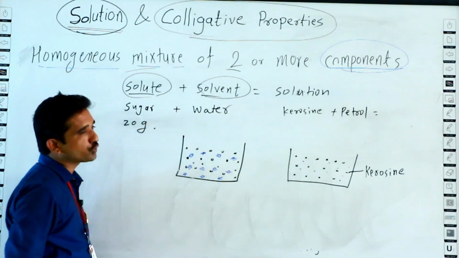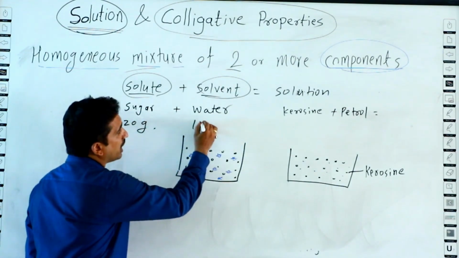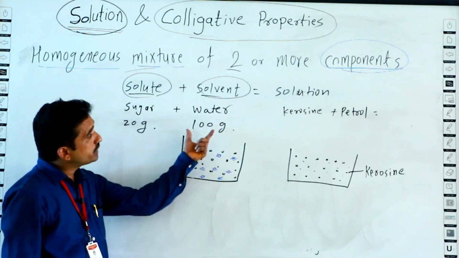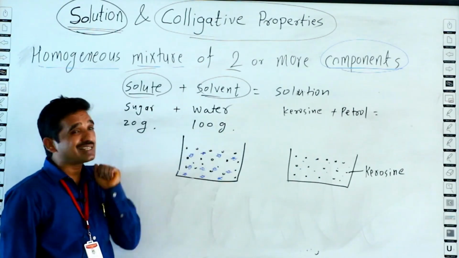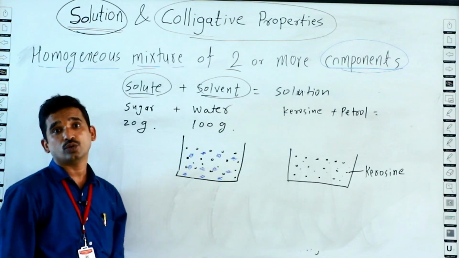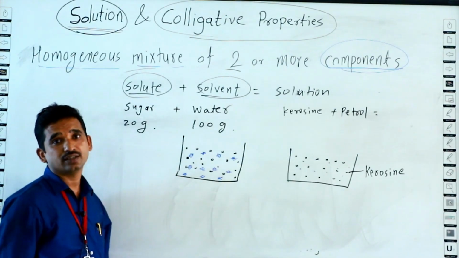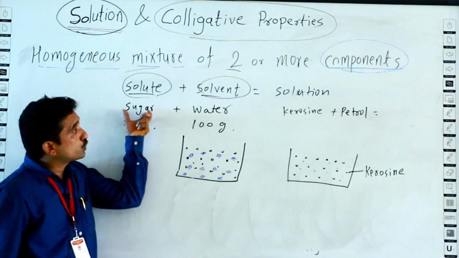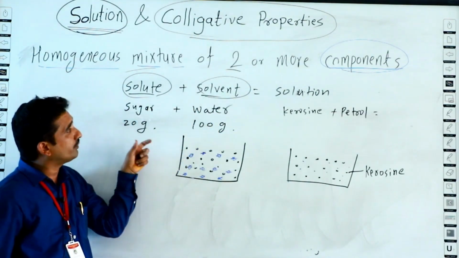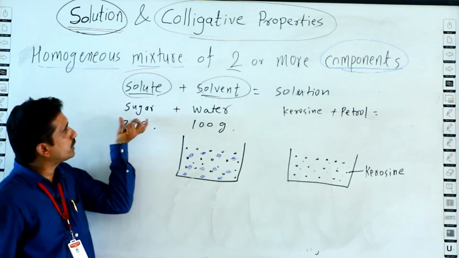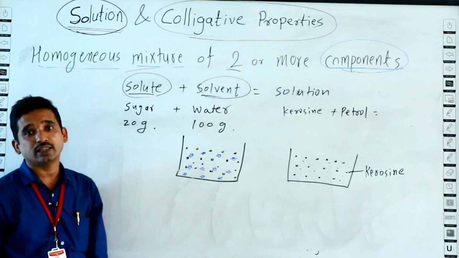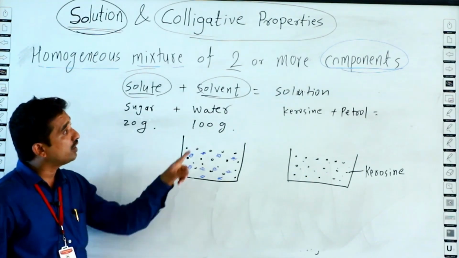In the first case, 20 gram of sugar is present in 100 gram of water, which is present in a larger amount, so it is called a solvent. The simple definition: sugar present in water is called a sugar solution, in which 20 gram of sugar is present in 100 gram of solvent, and the larger amount is water.